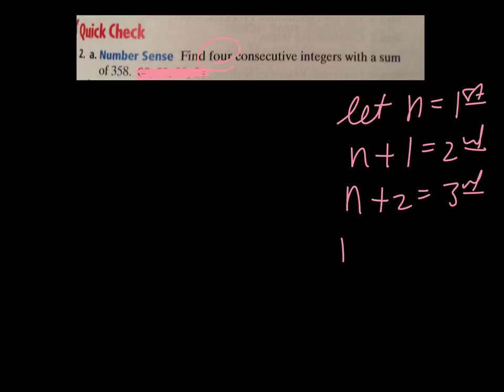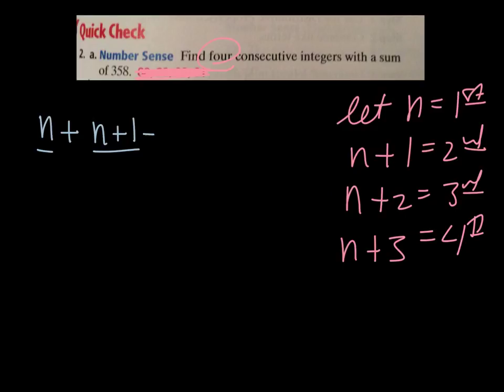So I've got n plus 3, not n plus 4, is the fourth number. You're always kind of one behind is the idea. So first number is n, next number is plus 1, right? n plus 1. Next number you're counting, n plus 2. Next number you're counting, n plus 3. Now, follow me with the pattern here. I have n, that's my first number, plus my second number, n plus 1, you follow me, right?